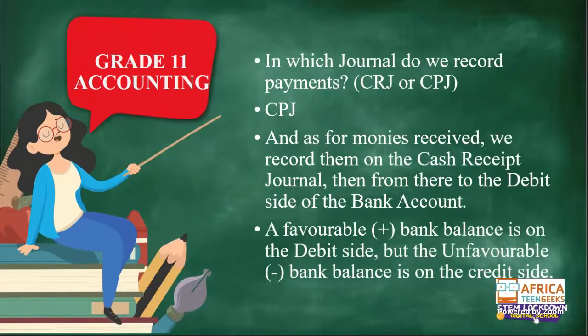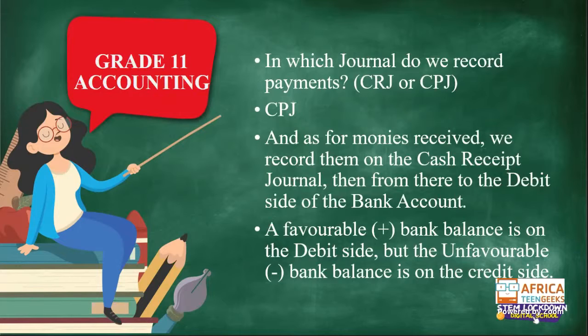All right. A favorable bank balance is on the debit side. What you must know is that in this part of accounting, we have terms like favorable and unfavorable. Favorable means positive or plus, and unfavorable means negative. The plus sign is on the debit side, where the bank account is increasing.